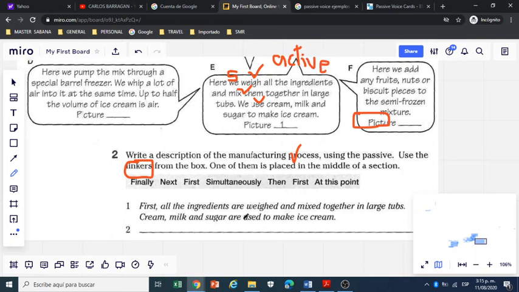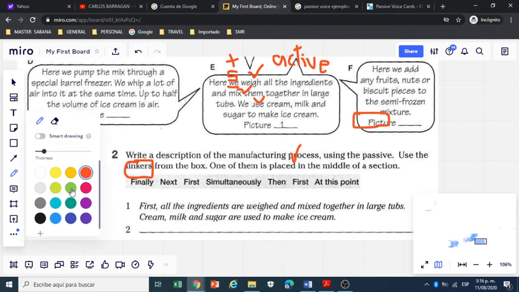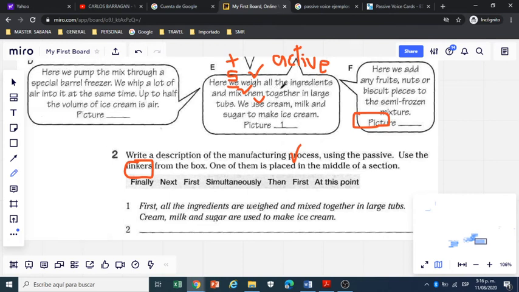How? We is the most important part in the sentence. Who does the action? We. What is done? This is not important. The ingredients are not important.